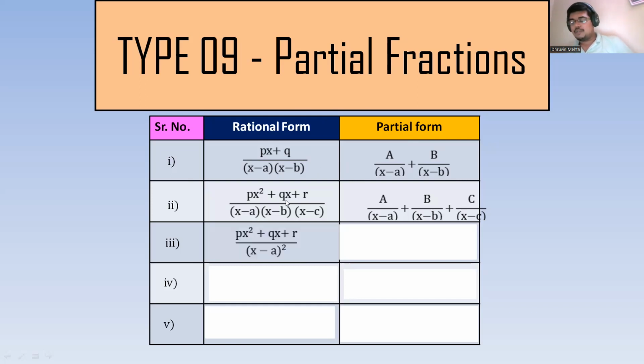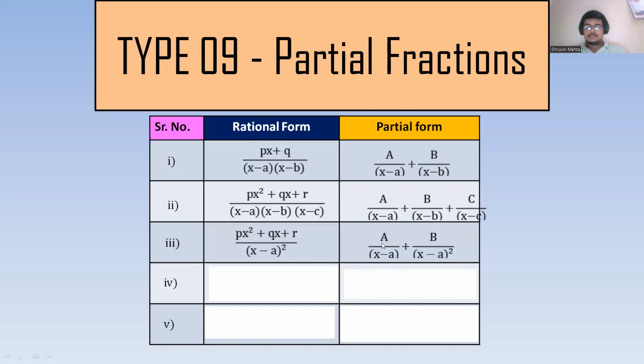Let's take the next one. In the next one, if you realize, we have x minus a the whole square. We still have two brackets, but this time the brackets are the same. It's x minus a and x minus a. In this case, we'll take A upon x minus a first, single bracket, then we'll take B upon the whole square, both the brackets.